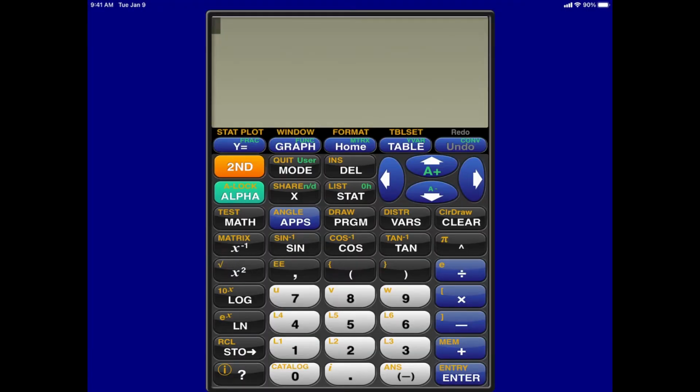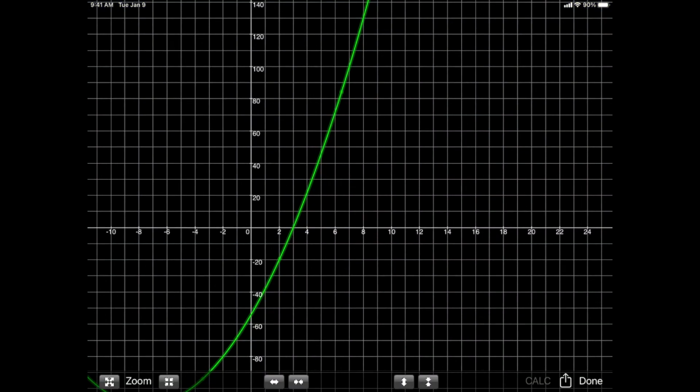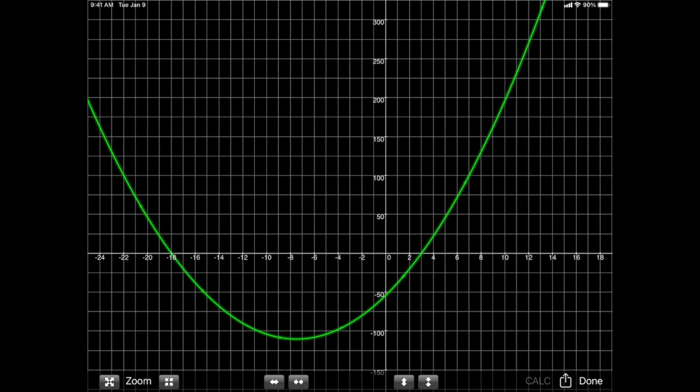Done. Y equals, you can just type x squared plus 15x minus 54. Let's press graph. And you can move over. So I have my two answers here. That would be 3 and negative 18.